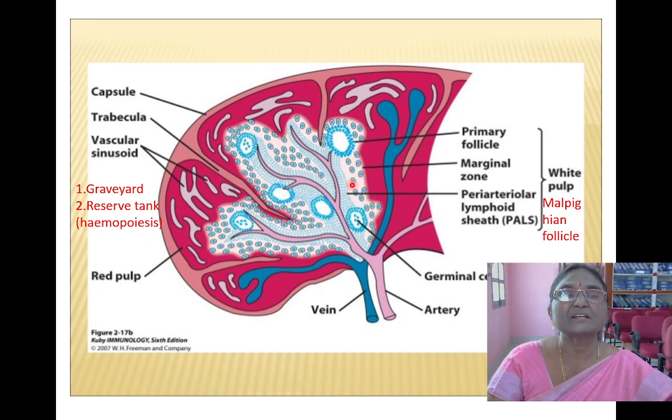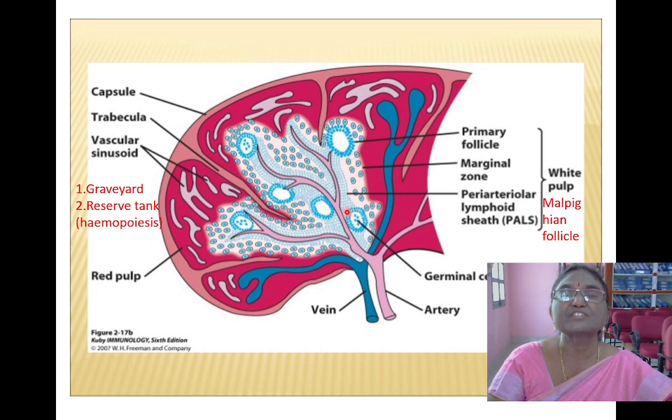The inner white pulp contains B lymphocytes as well as T lymphocytes. B lymphocytes are gathered to form a bundle that is known as primary follicle. Inside that, a germinal center is there, which is for multiplication of lymphocytes.